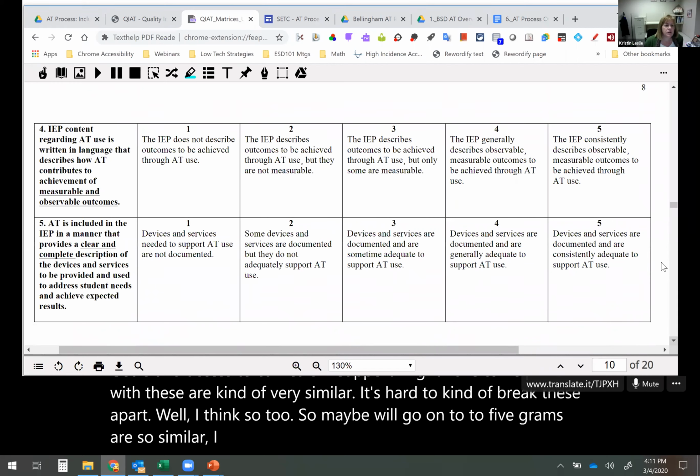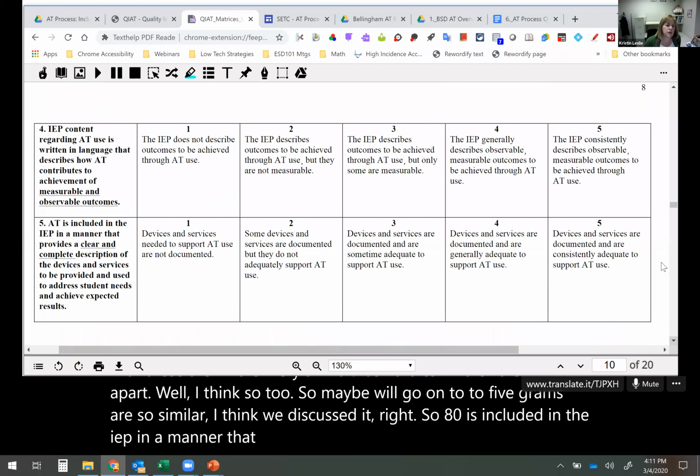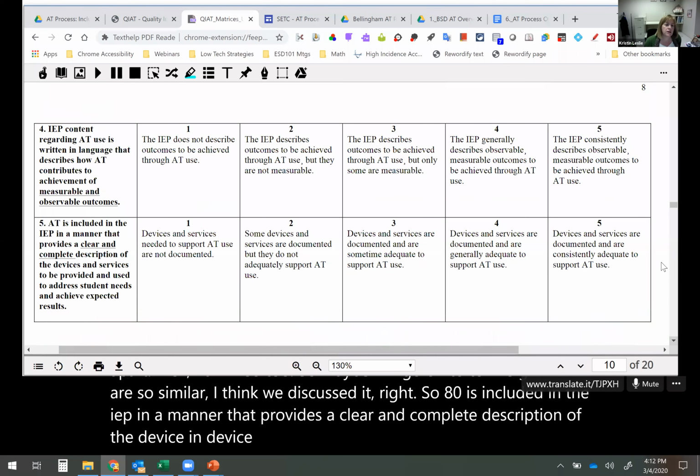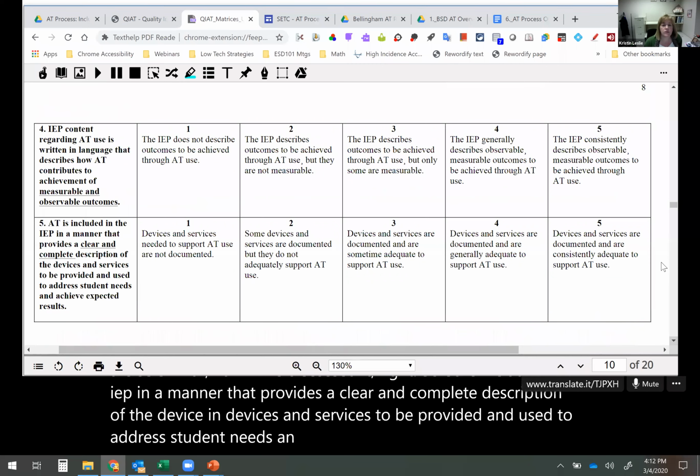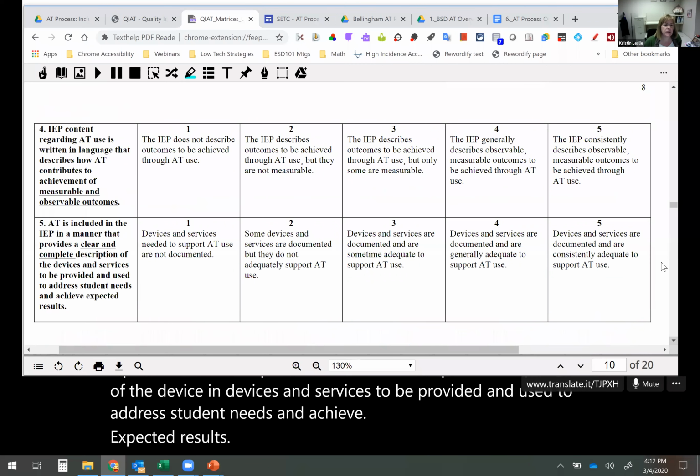Right. So AT is included in the IEP in a manner that provides a clear and complete description of the devices and services to be provided and used to address student needs and achieve expected results. So clear and complete.